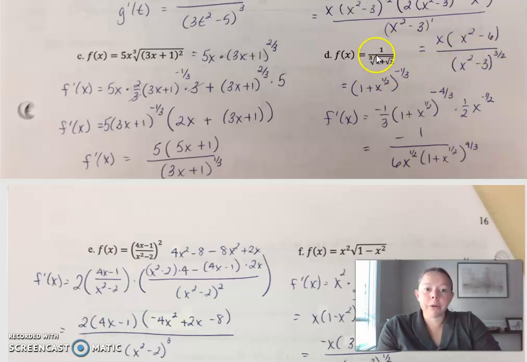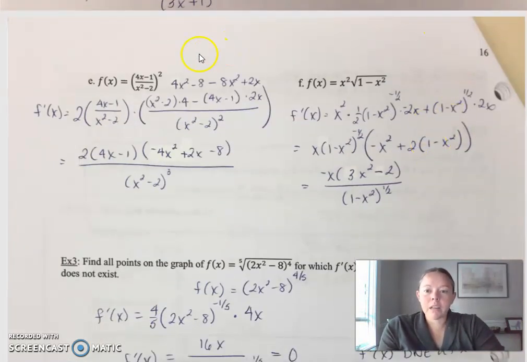This is an entirely different problem. So I pulled the whole thing up, rewrote all the exponents, and even though it looks complicated, as you go to rewrite it, it actually is just a pretty straightforward chain rule problem. Pull the negative 1/3 down in front, subtract 1, inside stays the same, times the derivative of the inside. Talk to yourself as you're doing these problems. Talk yourself through the process.